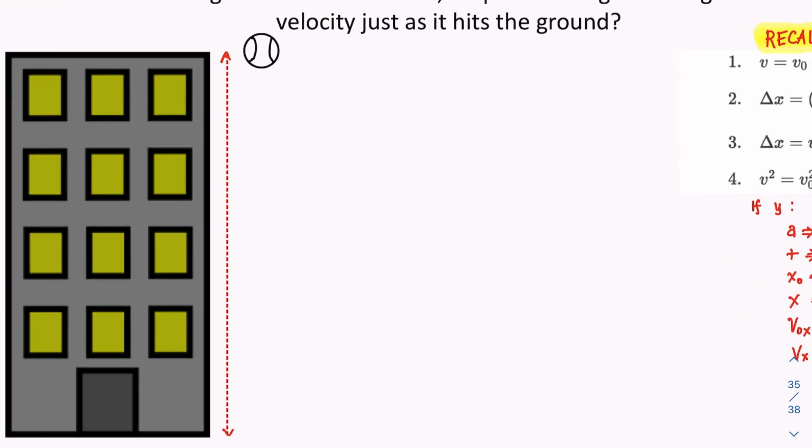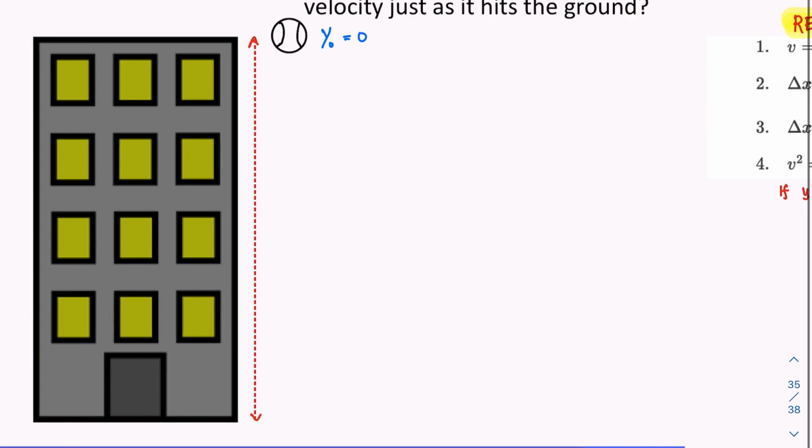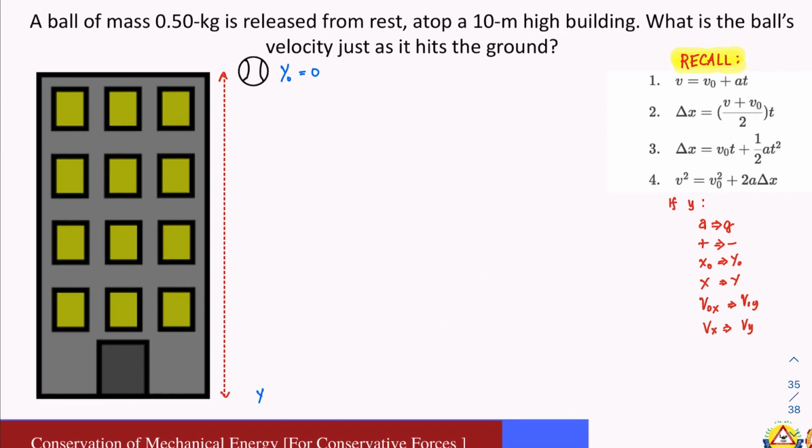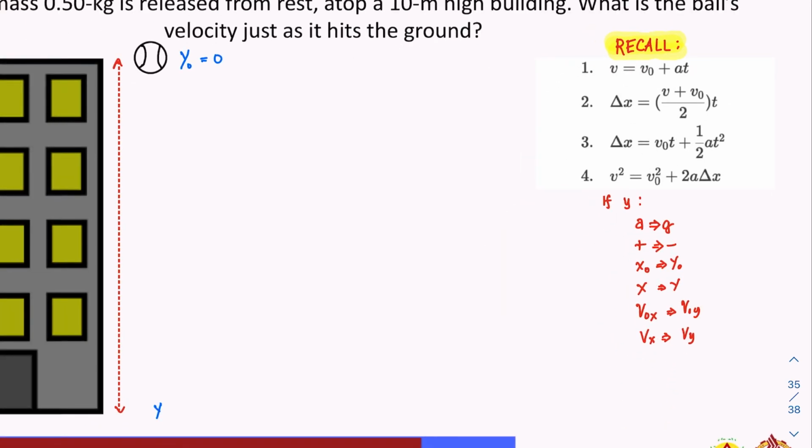Now, if I'm dealing with this in kinematics, I will set this as my y naught. So that means this is where I set my measurement along y, or my reference, and this is my y. This is the final position. And then another thing is to inspect on this equation. So clearly, in the problem, I do not know the time from the ball to the ground.